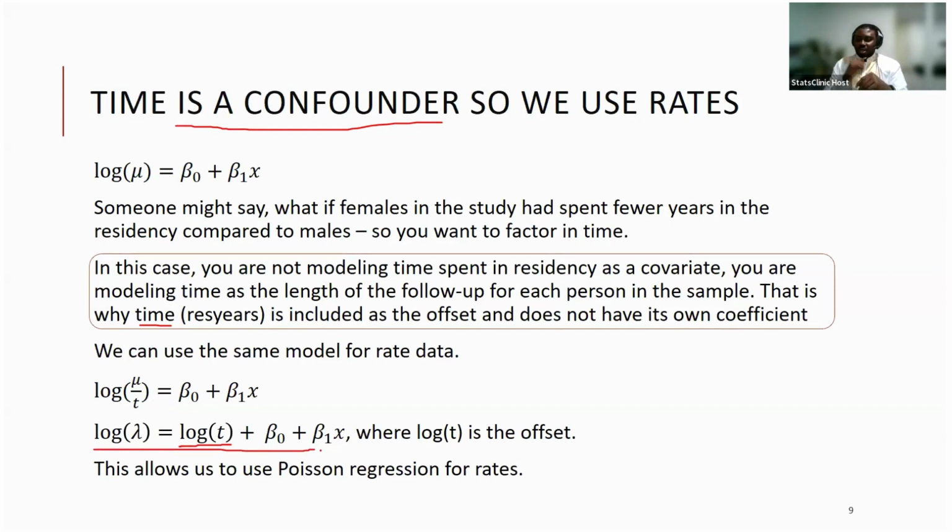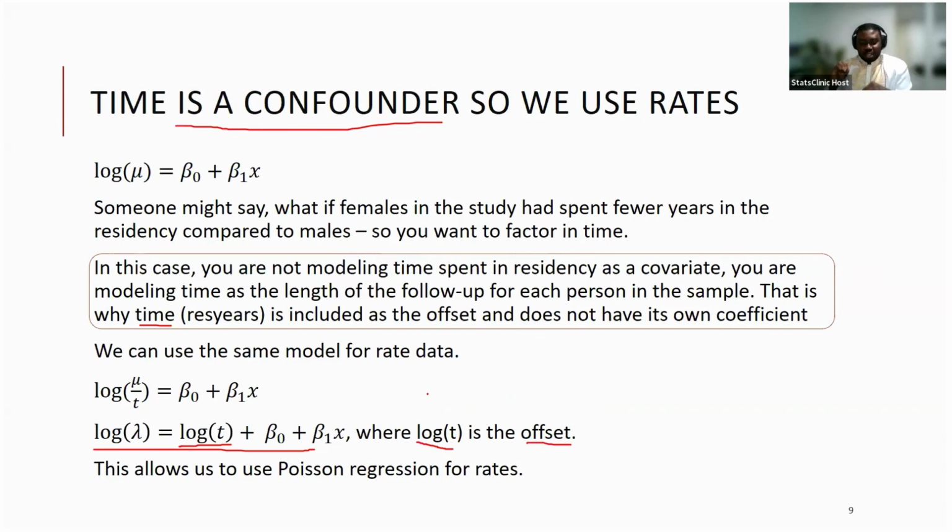So this is a model where time is introduced into the mix, and we use the log of the time as something called an offset. Not the offset the guy who has that big musician, not that one, but this one is the log of time, okay?